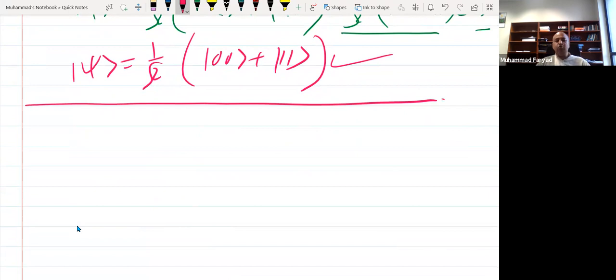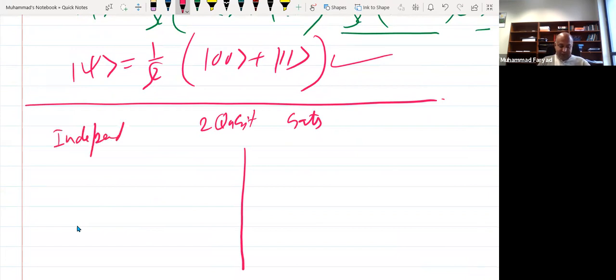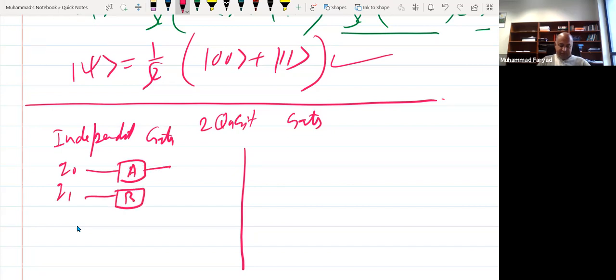Similarly, let's talk about two types of 2 qubit gates, because they can be of two types as well. Independent gates, that there are, let's say, 2 qubits Q0, Q1, and some gate A is acting here and some gate B is acting over the second qubit. But there could be some gates that are dependent, or that they are being applied on both at the same time, or they are conditioned or controlled gates.